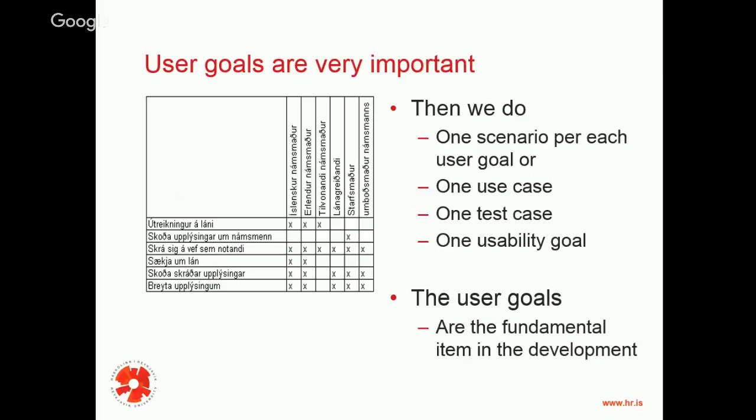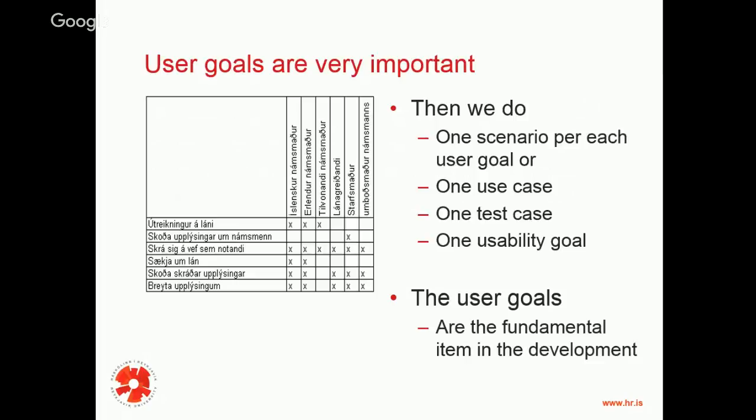And I showed you that you can make a map or list of the user goals, and then map which of the user groups are actually having these goals. Here is just an example from the web from the Student Loan Fund.